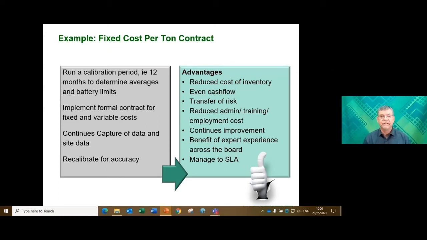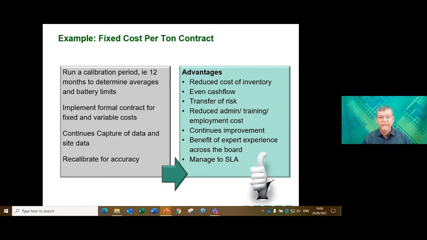The advantages of a fixed cost per ton contract: firstly, it massively reduces the cost of inventory to the customer. Also, whenever continuous improvements are taking place, the risk of redundant inventory is reduced or eliminated in a lot of instances.